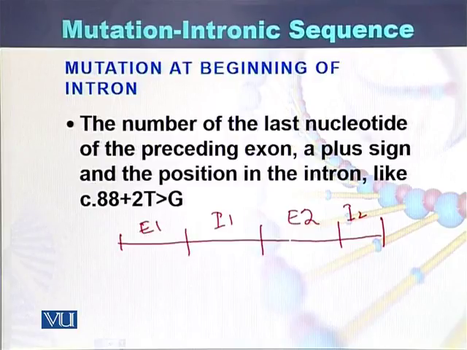If a mutation is present in the beginning of an intron, it is represented by the plus symbol. Take the example that exon 1 is from nucleotide 1 up to nucleotide 88, and the next nucleotide of the coding sequence will be 89.